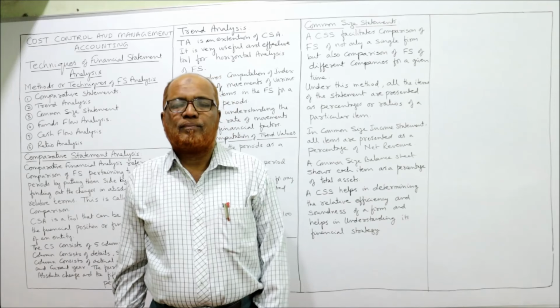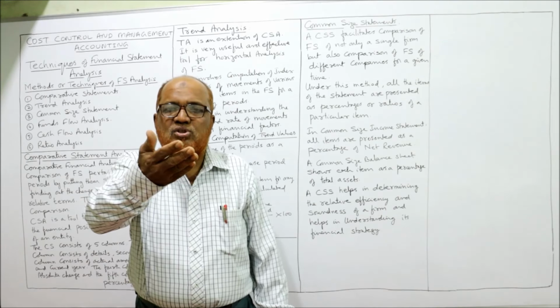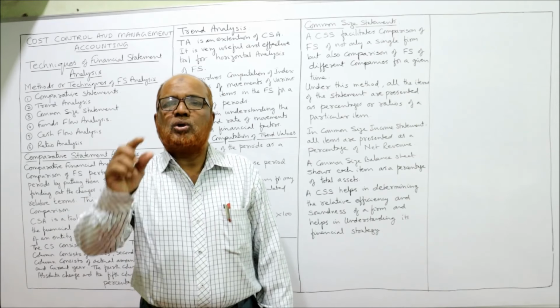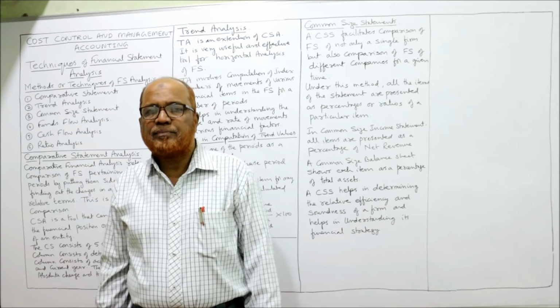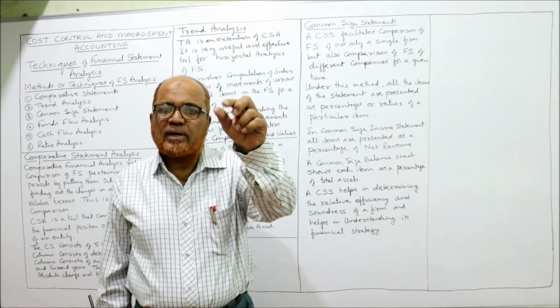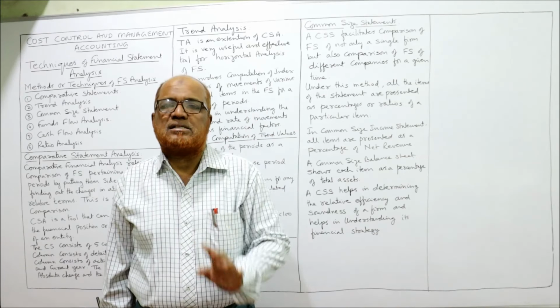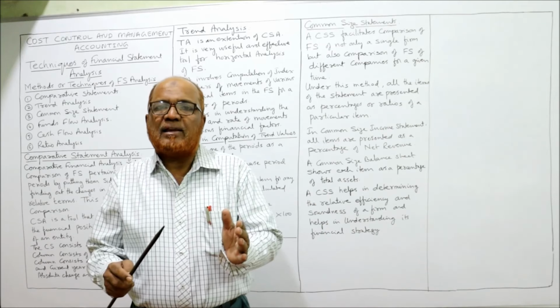Inventory means stock. So what is the percentage of stock on total assets? So 2 lakh divided by 10 lakh into 100. 20%. We can say stock is 20% of total assets. Like this, we condense the values.